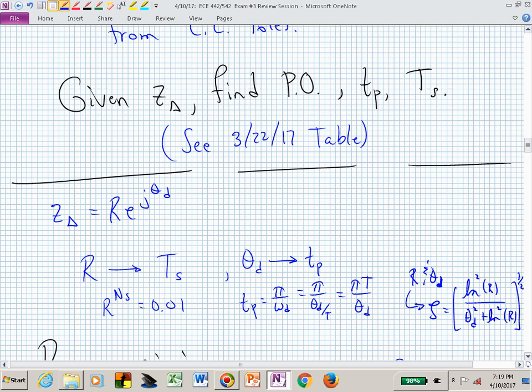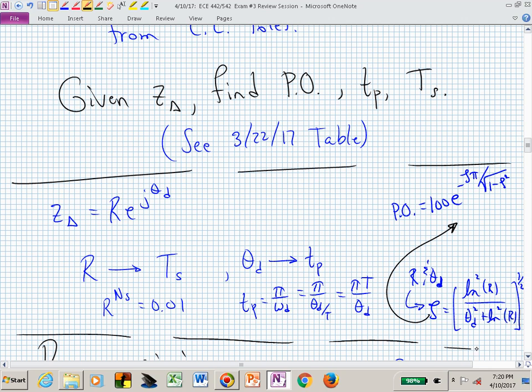But now, if I give you r and theta sub d, you can actually find the percent overshoot for that choice of r and theta sub d, where the percent overshoot is now 100 e to the minus zeta pi over the square root of 1 minus zeta squared. So once you have this zeta, you can plug it in there to obtain your percent overshoot. And that's how you would now start with a dominant pole pair, z sub delta, and produce these performance specs.